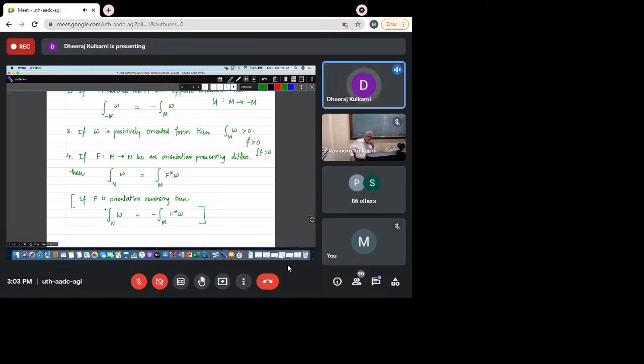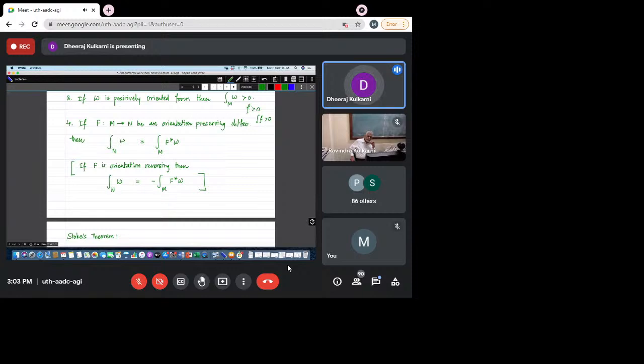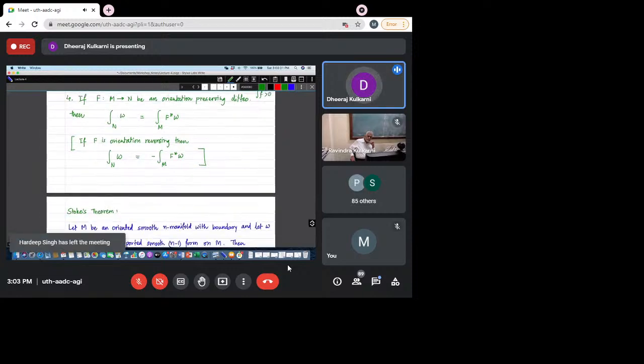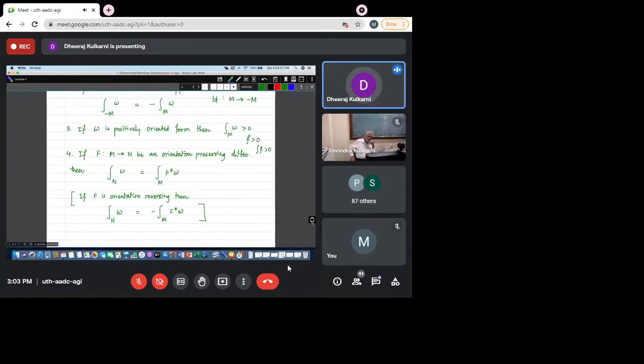And whenever f is orientation reversing, the integral changes sign. Now we are ready to go into Stokes theorem. I would like to take a pause and see if there are comments, questions, suggestions at this stage.